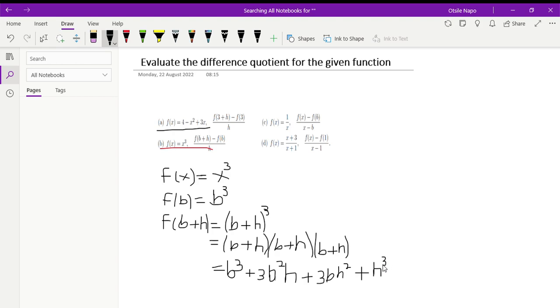That's a nice one. Then now we are having the formula of f of b plus h and the formula of f of b. So we are going to subtract the formula of f of b from the formula of f of b plus h.